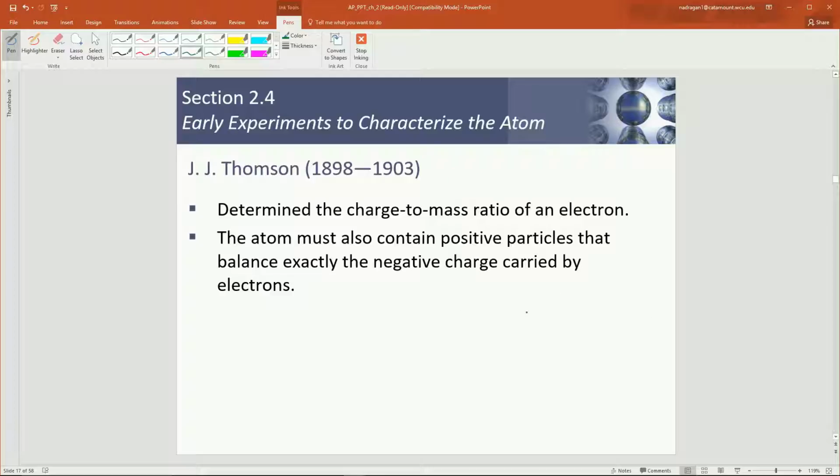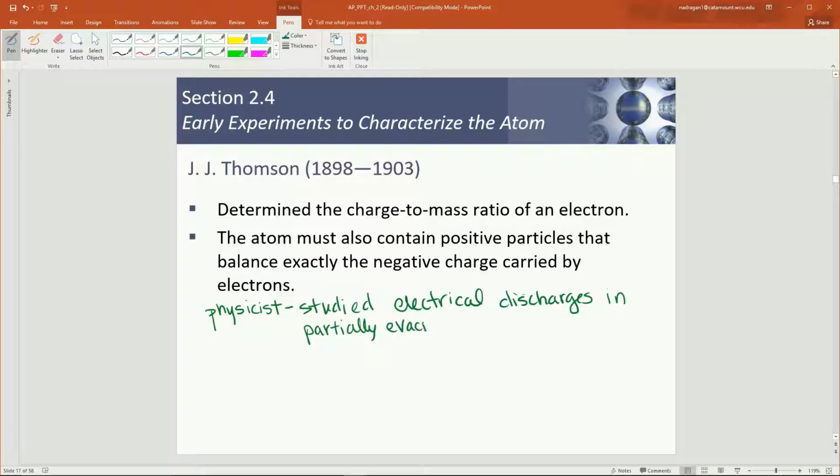J.J. Thomson was a physicist and he studied electrical discharges in partially evacuated tubes that he called cathode ray tubes.